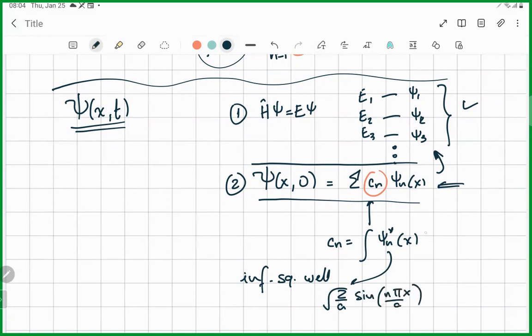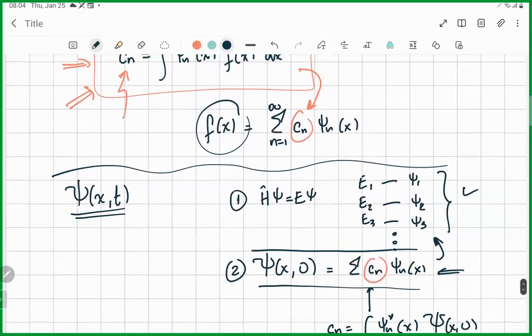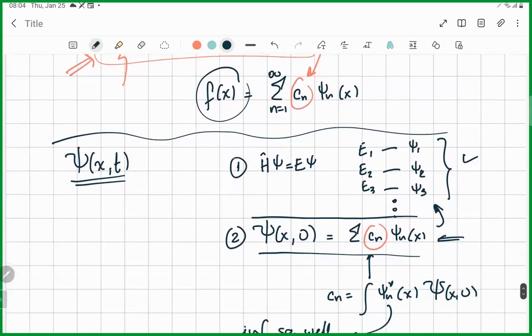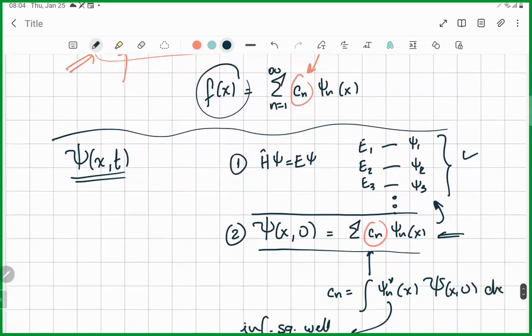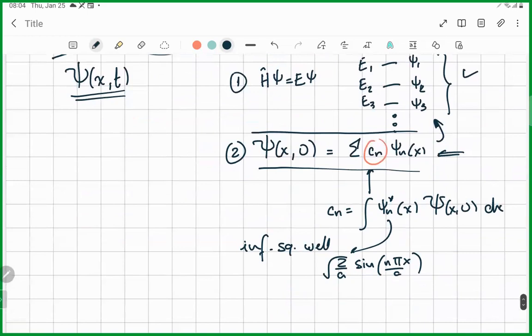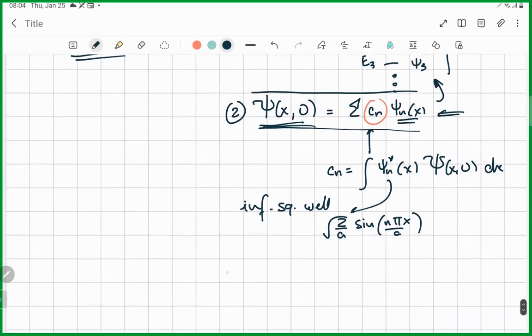And here we are going to put the function, which is our initial state that someone will have to give us. Once we are able to write this initial state in terms of our solutions, we are done.